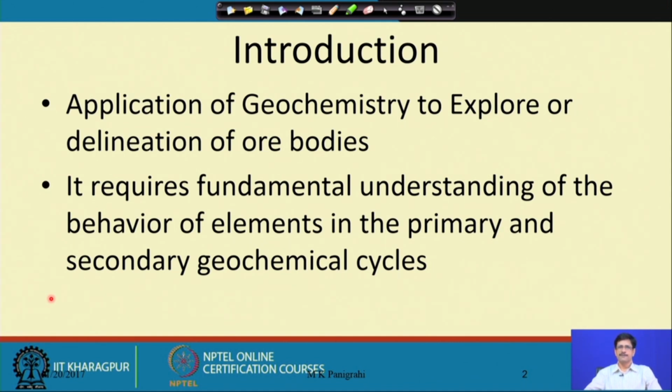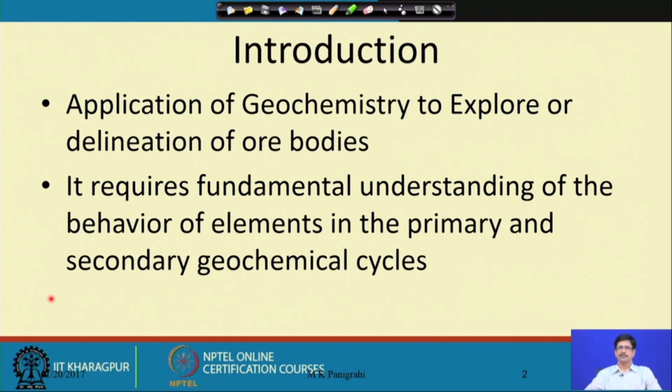But once the deposit is formed, the metals that are enriched in the deposit will always tend to migrate under concentration gradient to different media, like within the rock matrix, or within the covering soil. Soil pore spaces are filled up with water and they enhance the mobility of these metals, and they get dispersed in the soil horizons above, in the plants, in the water bodies, and so on.